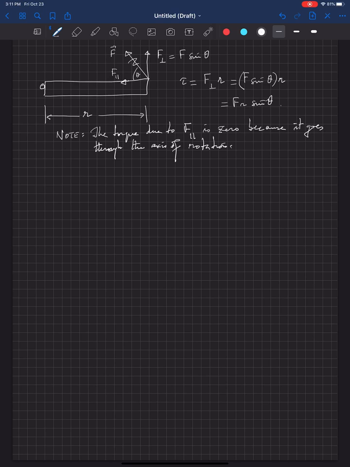There is a convention one has, which states that counterclockwise torques are positive, and that clockwise torques are negative.